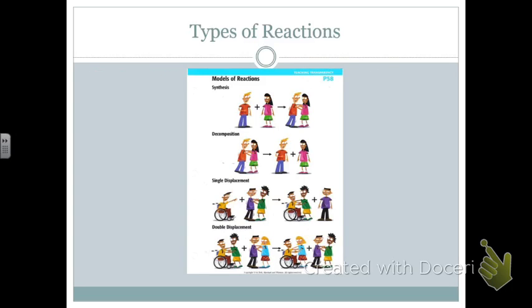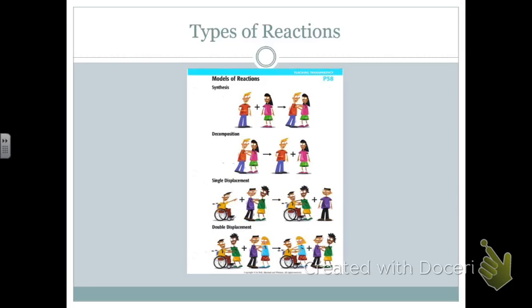So in synthesis, you've got the boy and the girl, so the single element plus the single element come together to form a compound, a more complex product. Decomposition, the opposite. You've got the couple, the boy and the girl together, then they break apart, and they have decomposed into two elements.